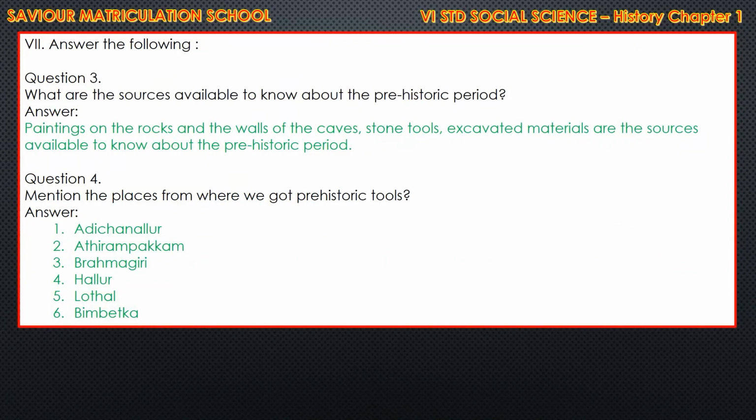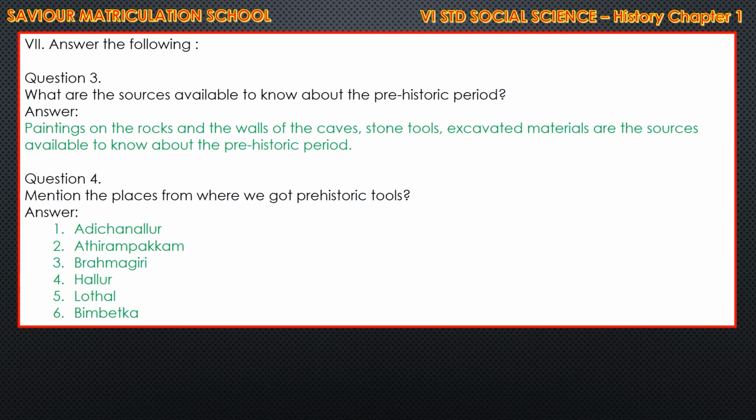And the third question is, what are the sources available to know about the prehistoric period? Now, the answers. Paintings on the rocks and the walls of the caves, stone tools, and excavated materials are the sources available to know about the prehistoric period.